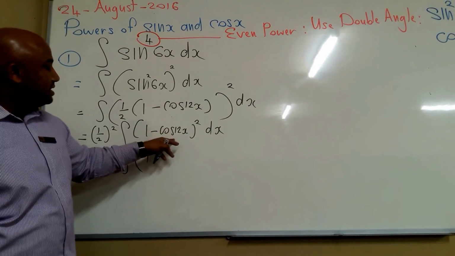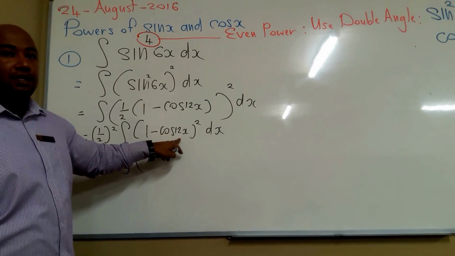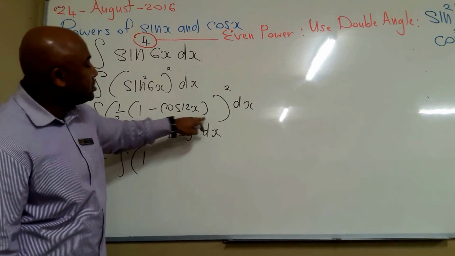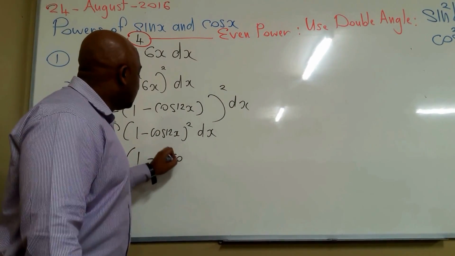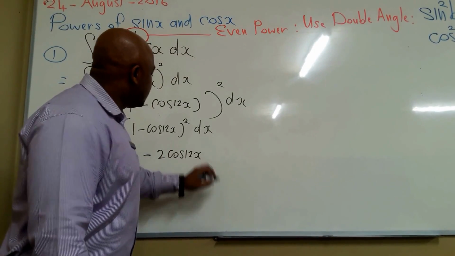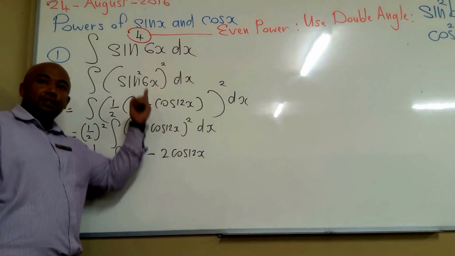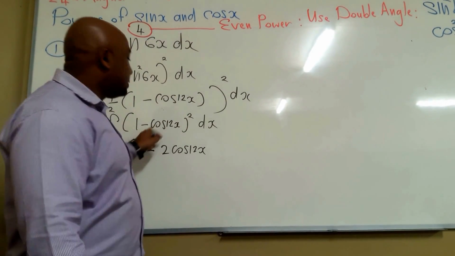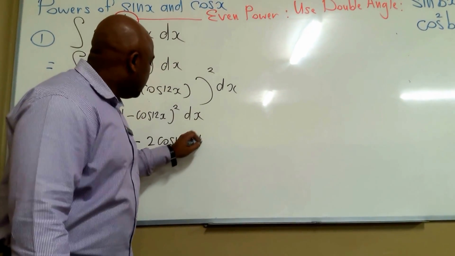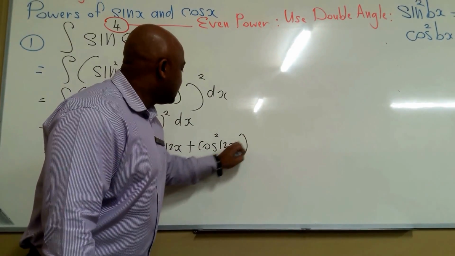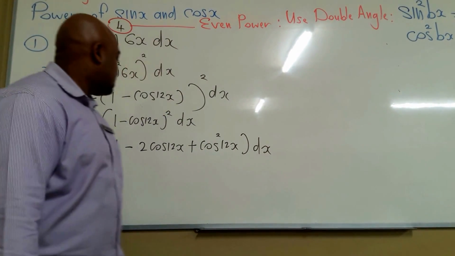First multiplied by the second, so 1 times minus cos of 12x is minus cos of 12x, times 2 is minus 2 cos 12x. Then the last term, you take the second term and you square it. So a negative squared, that will be positive cos squared of 12x, dx.